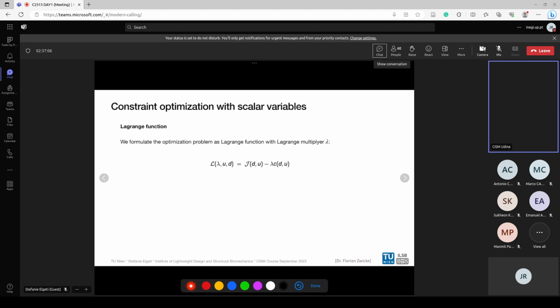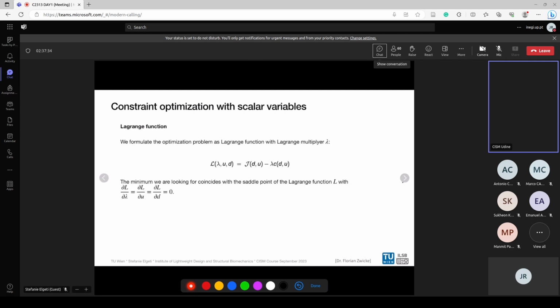Instead, we can also use the Lagrange function. So we formulate the Lagrange function with a Lagrange multiplier lambda. So now we have this Lagrange function that is not only a function of u and d, but also of the Lagrange multiplier lambda. And then we have the objective function minus lambda times c, so times the equality constraint.